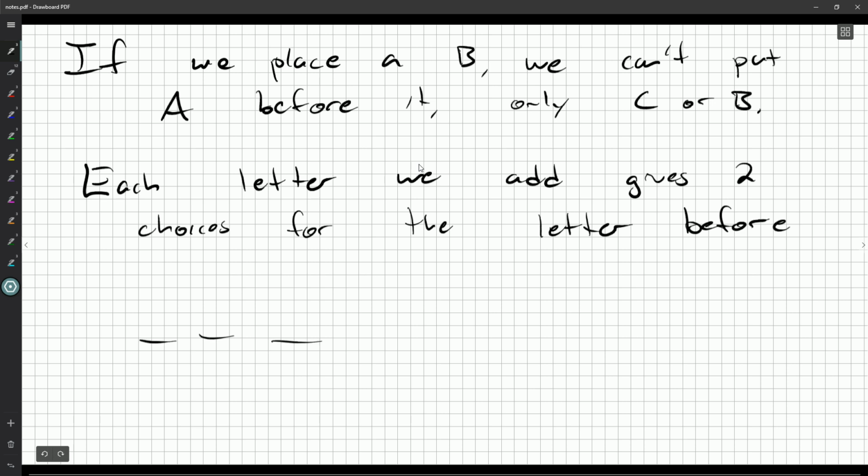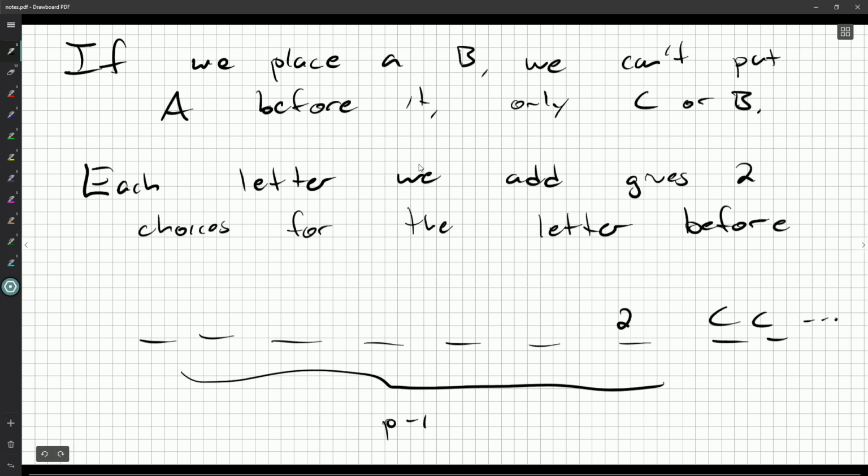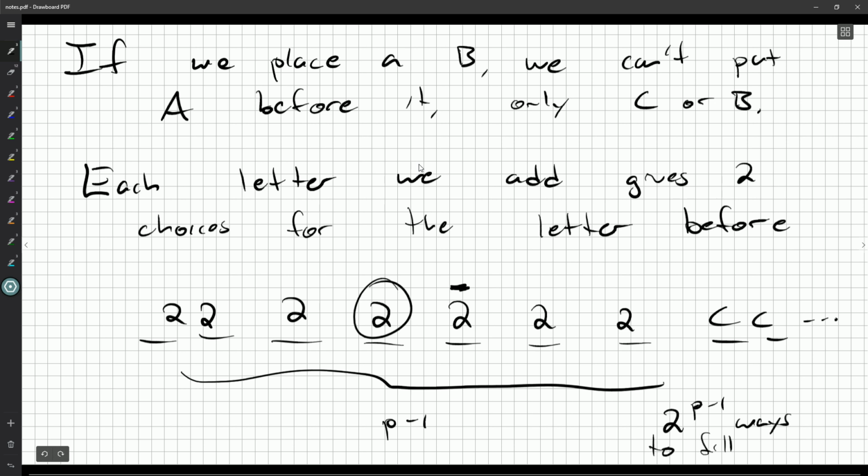So if I imagine, here's my CC, I've got P minus 1 things. I've got two choices for what I can have here, an A or a B. Depending on which one it is, I then have two choices for what can go here, two choices for here, two choices for here. What is available depends on what came before it, but it's always two choices. So there should be 2 to the P minus 1 ways to fill. We could call this the prefix of our CC, and then the other part is the suffix.